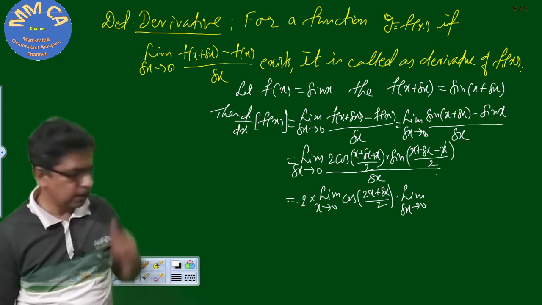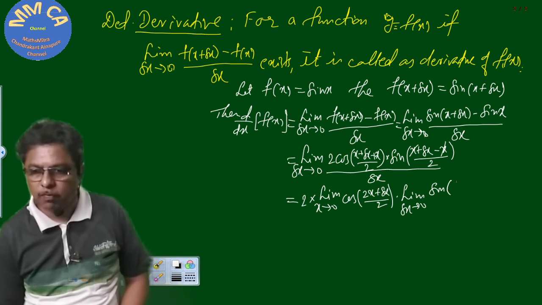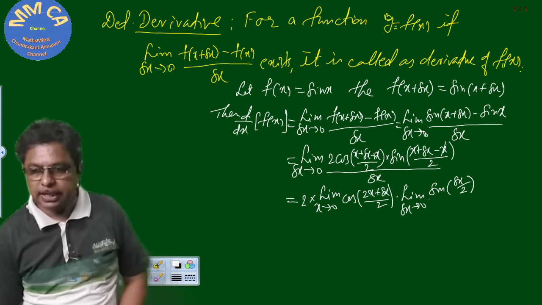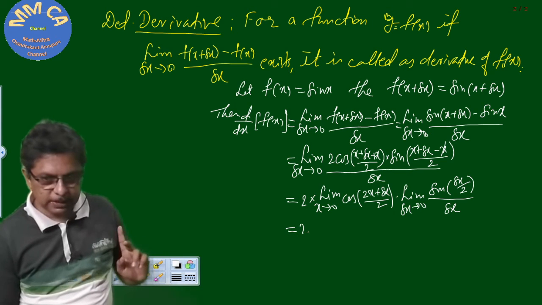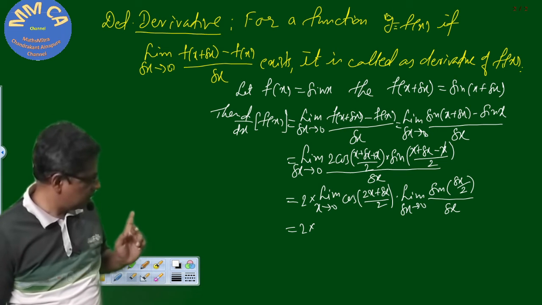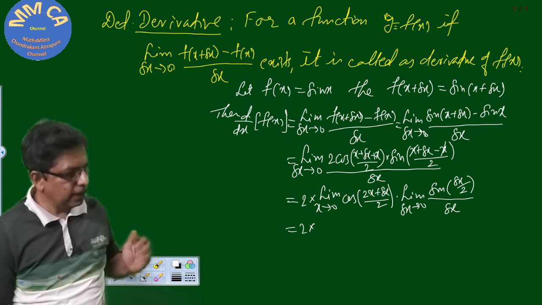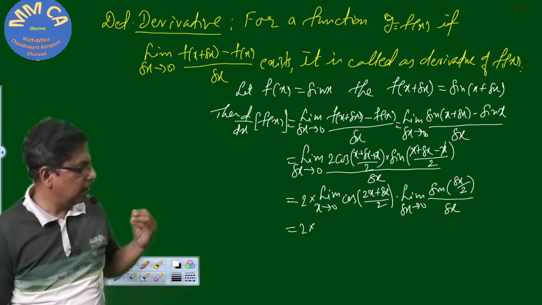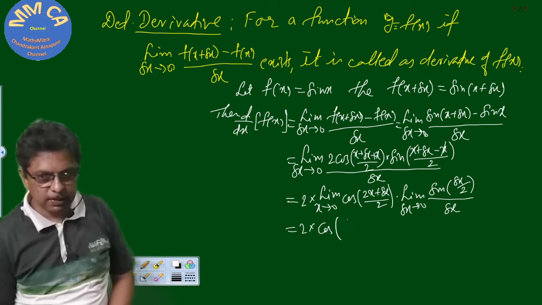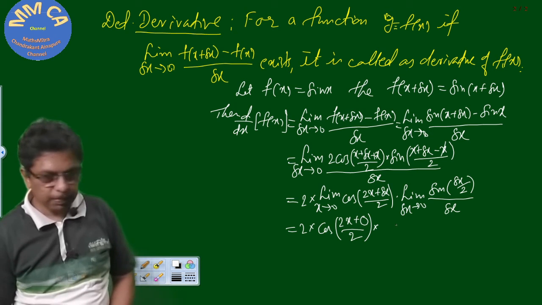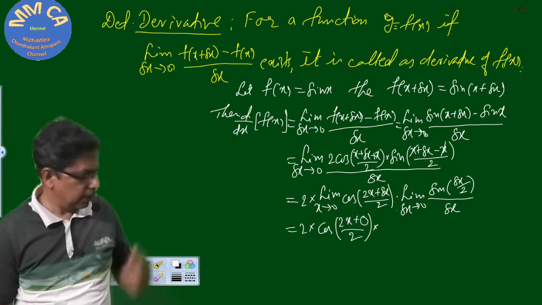Now see what are the remaining terms. This is sine of delta x divided by 2, because x and minus x are already cancelled. It is divided by delta x, which is equal to, now we'll carry 2 as it is into the second term. Here we have to take the direct limit, and if we remove the limit and put delta x equal to 0, we get cos of 2x plus 0, divided by 2, into this limit, delta x tends to 0.